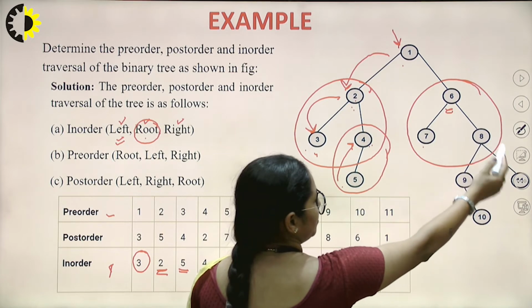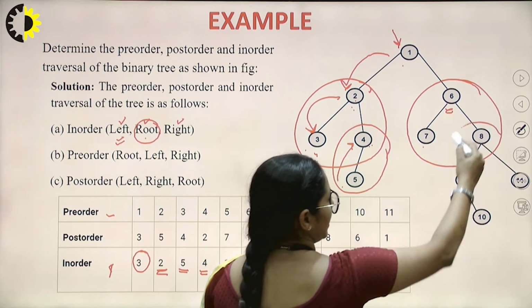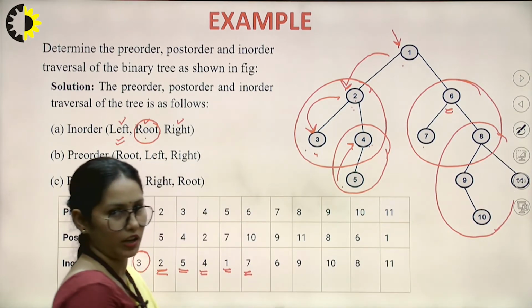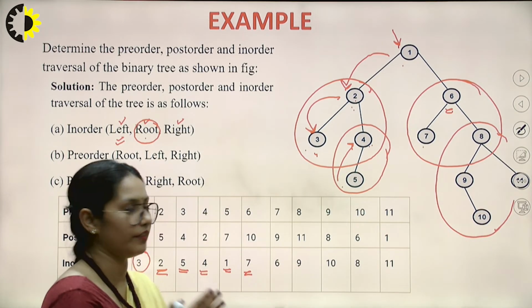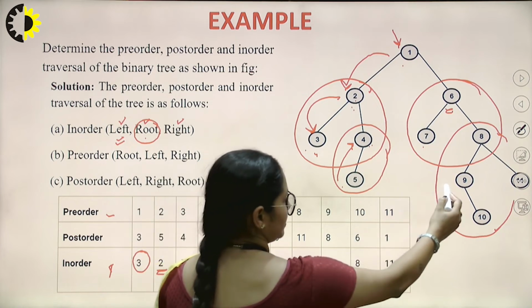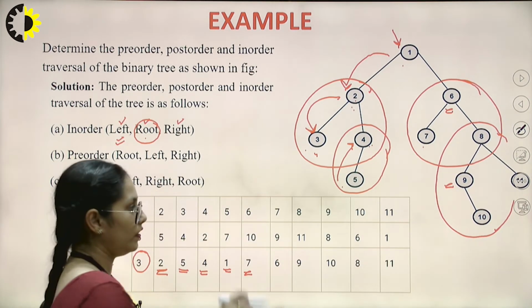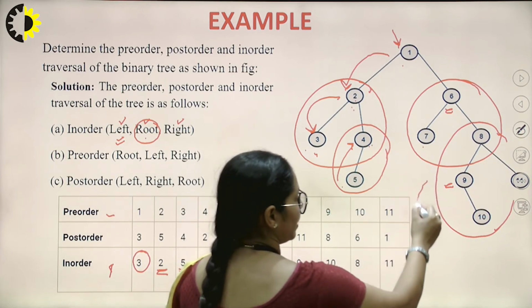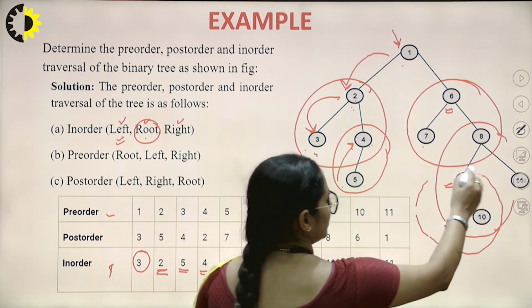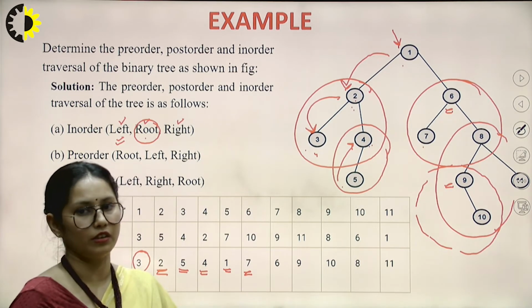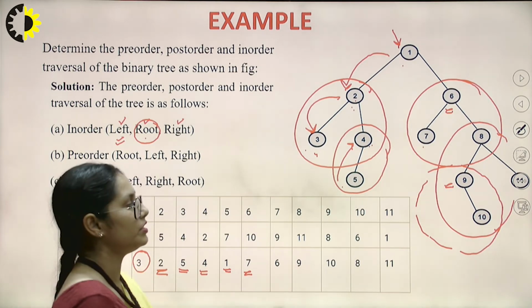And then when you come to this particular graph, this is again a kind of subtree. In this subtree, again you have to traverse the left side first. So that is 9. But 9 is again a left subtree. In this particular left subtree, you have to again traverse the left side, but there is no node on the left side, so you will skip it.